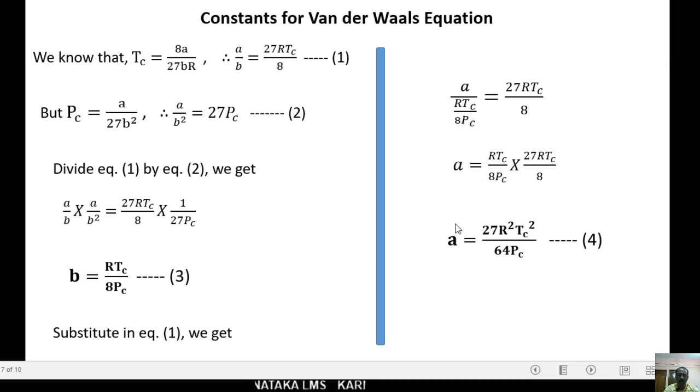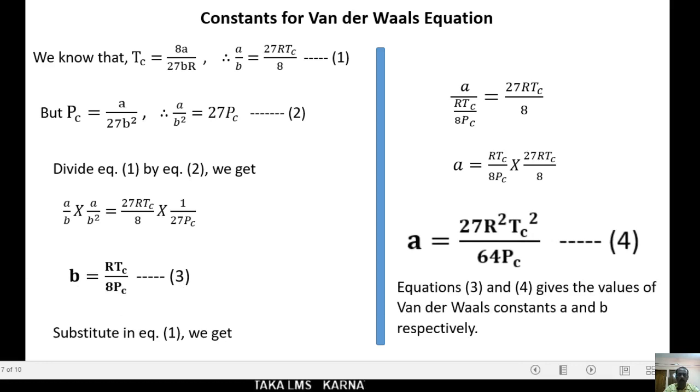Finally we get a equals 27 R square into Tc square divided by 64 Pc. Let it be equation 4. This is about the constants for van der Waals equation. Here equation 3 and 4, these two equations give the a and b values of van der Waals constants.